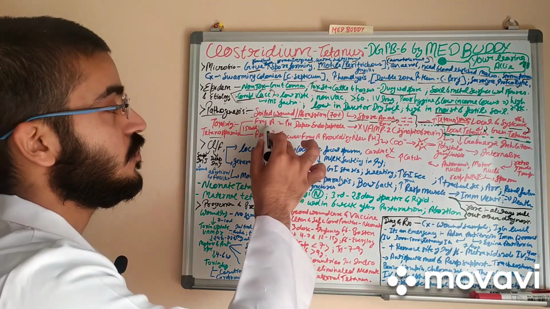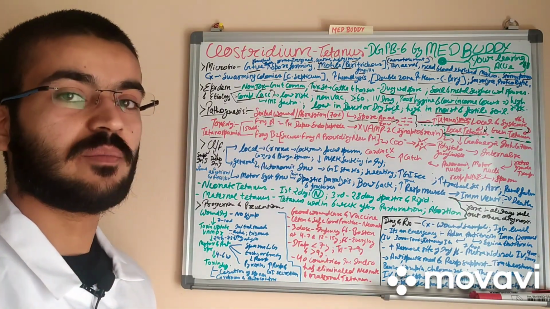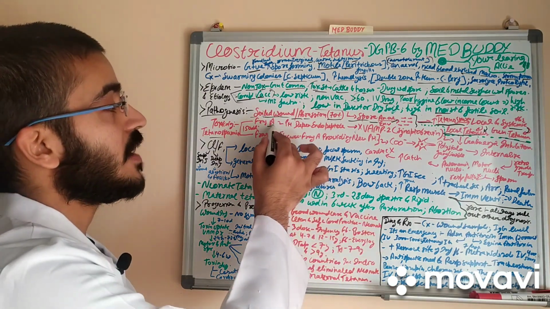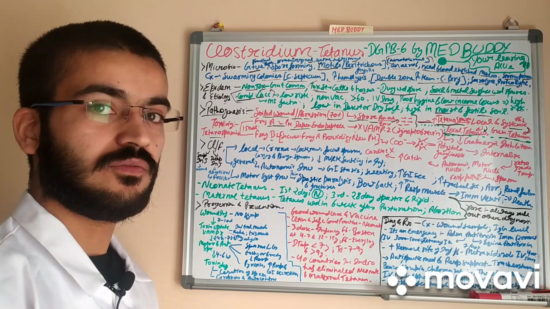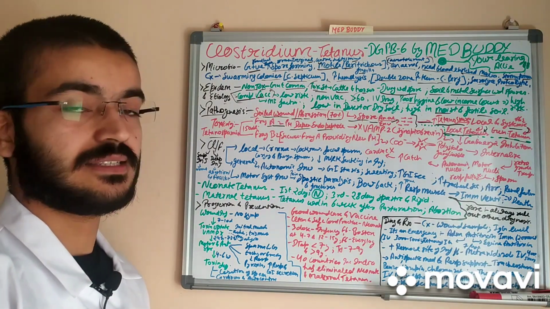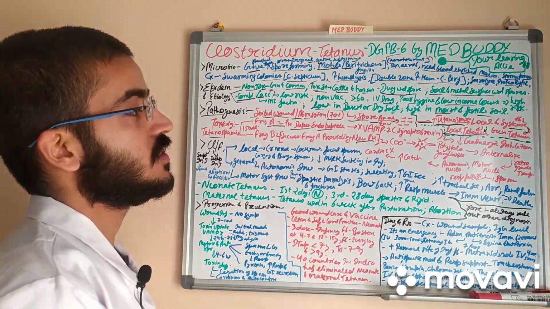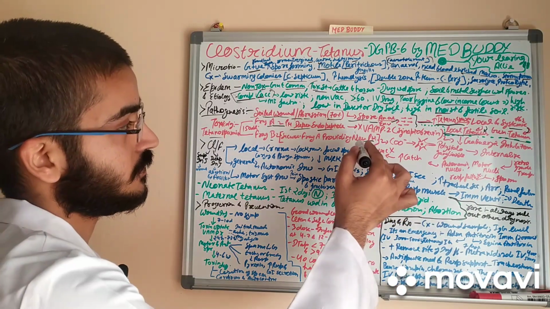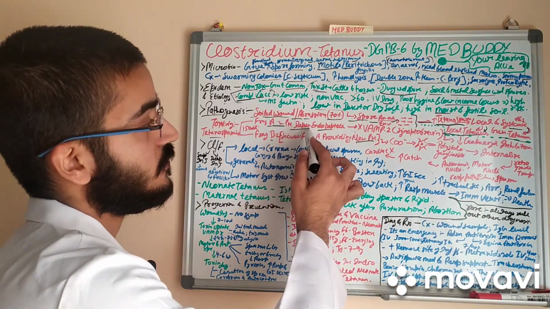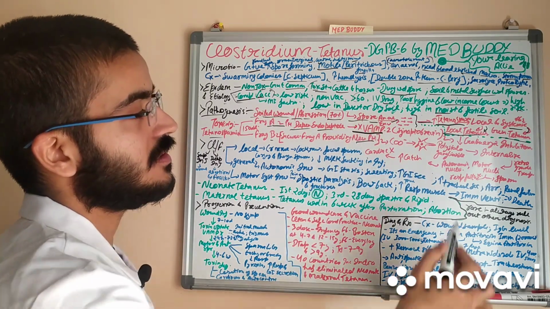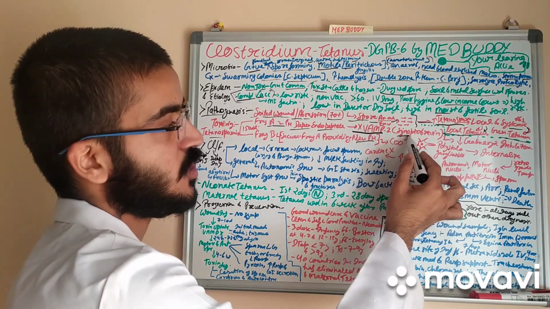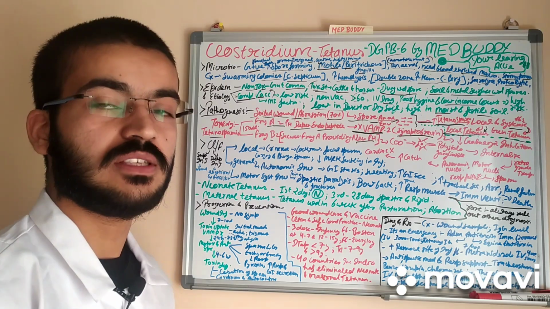Tetanospasmin has two fragments, fragment A and fragment B. Fragment A is a pH-dependent endopeptidase, which means it needs at least a neutral pH so that it can work. What it does is cause lysis of VAMP molecules, which are also known as synaptobrevins. What do synaptobrevins do?